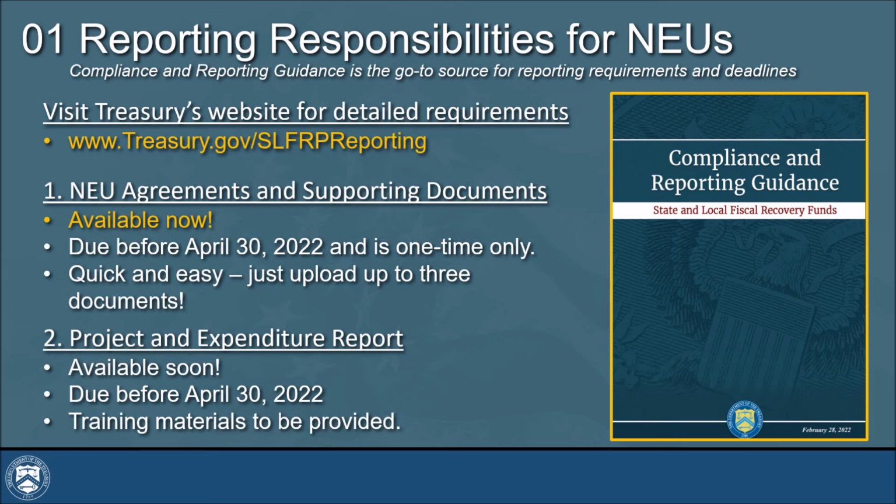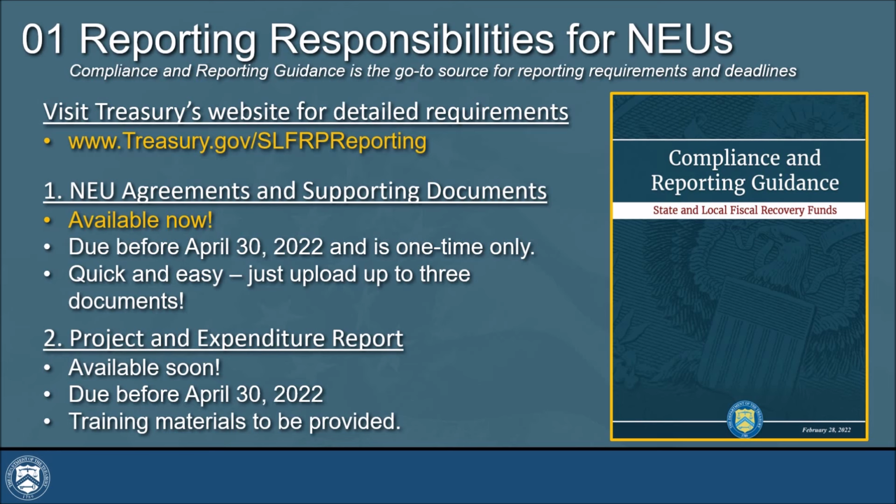The other report that NEUs need to be mindful of coming up is the Project and Expenditure report. And this is going to be the regular report for collecting information on both process and progress on your use of SLFRF funding.